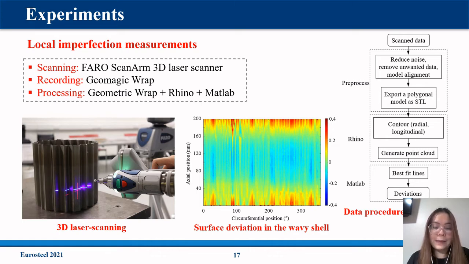These points can be best fitted into a straight line, and the deviation between the fitted lines and the points can be determined. The largest deviation is taken as a local imperfection amplitude. The typical surface deviation profile of the test specimen shows that the initial local imperfection was generally very small.